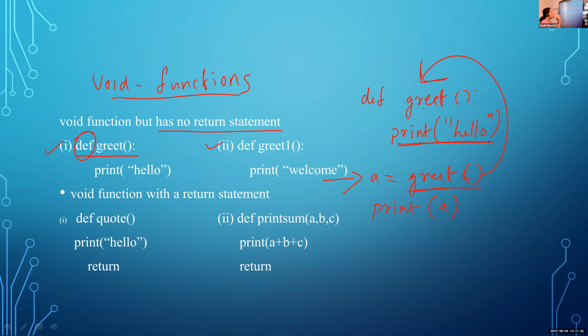In a normal void function, we are using a return statement also. But here we are using a void function. It is not a non-void function. It is a void function. In a void function, we can use a function without a return statement. Okay. So here we are not using a return statement.